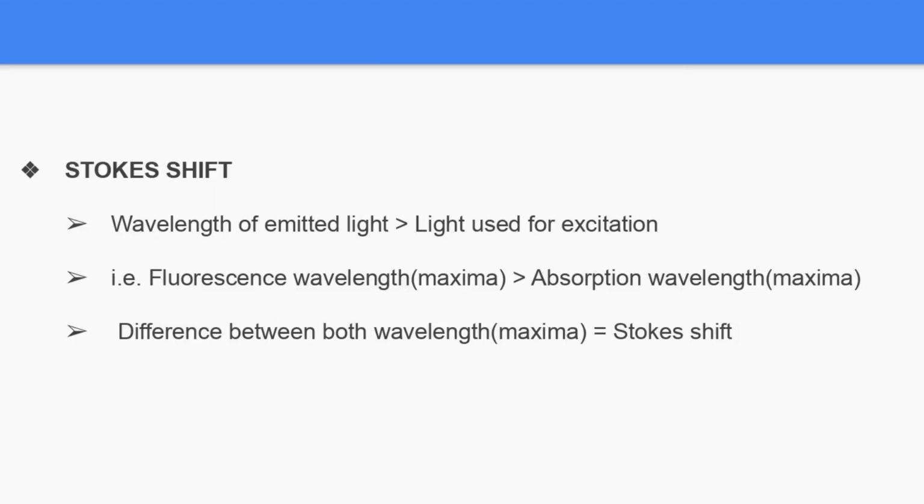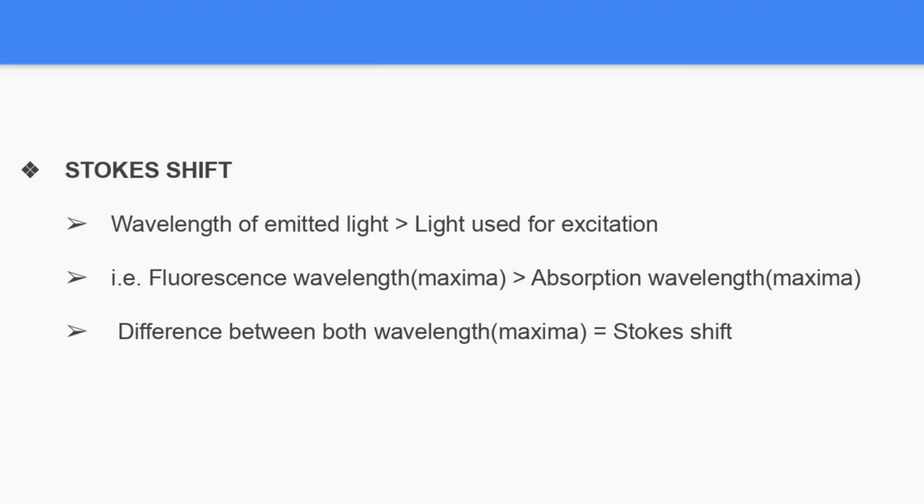Actually, the absorbed wavelength is very high energy when compared with the emitted wavelength. When we compare the wavelength maxima, that is lambda max, of the absorbed light and that of the emitted light, we can see a difference.